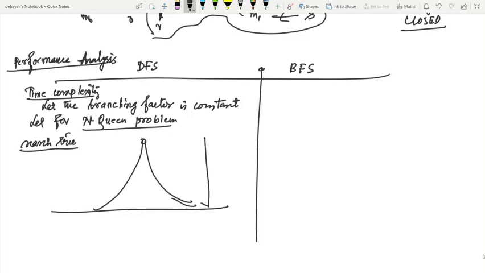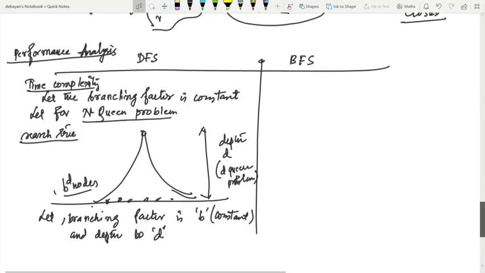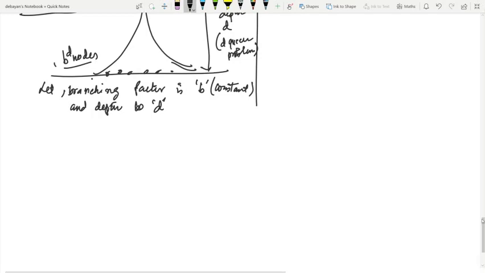This is called depth D, that means there is a depth D. Let the branching factor be B, and of course it is taken as a constant, and depth be D. At the last level, we know that there are B to the power D nodes.